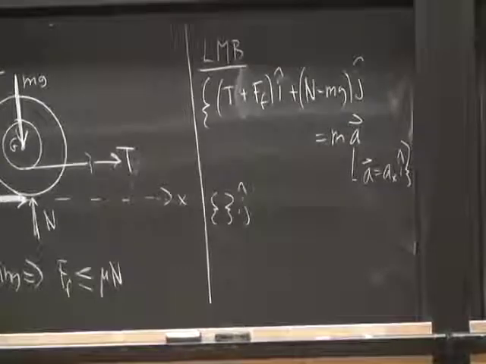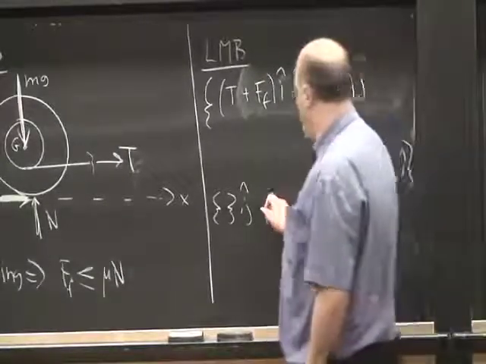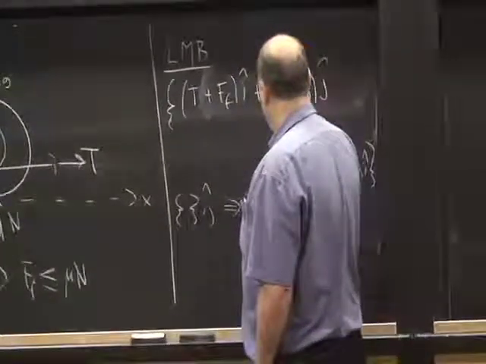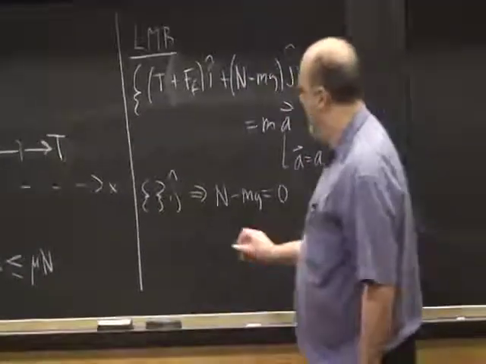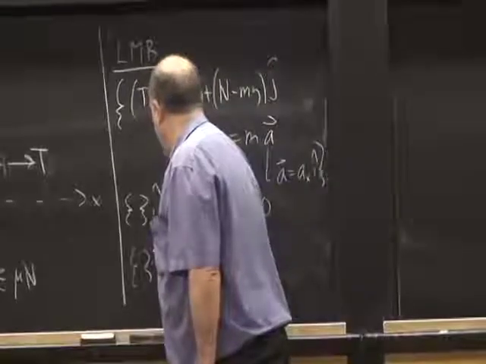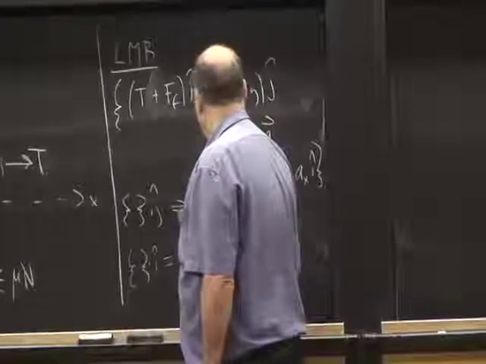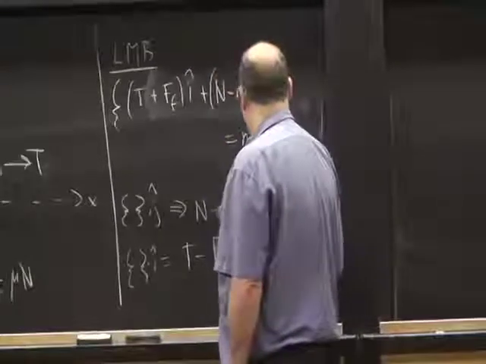If we dot this with j, which is like looking at sum of forces in the y direction equals ma in the y direction, we get that N minus mg is equal to 0. And if we take the x component, or dot this vector equation with i, it tells us that T minus the force of the friction is equal to m a_x.